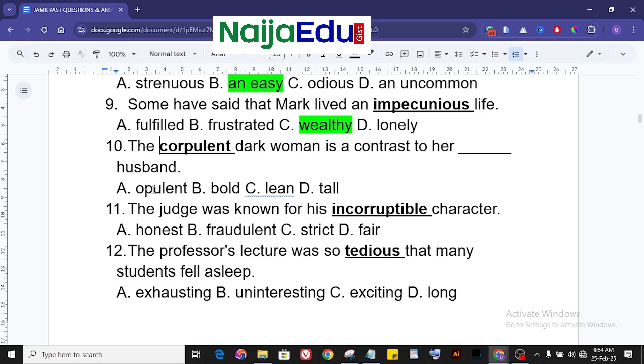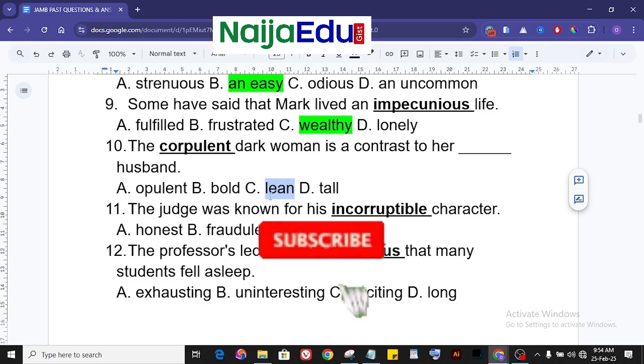When they say something is opulent, it means when you are rich, so it's different from what we are looking for. Bold is also different from the opposite of fat. Then lean actually means when something is tiny.